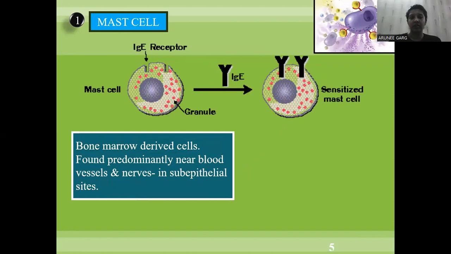This is a mast cell which contains the receptor for immunoglobulin E, and these are the granules. After the antibody attaches itself to the receptor, it is called a sensitized mast cell.